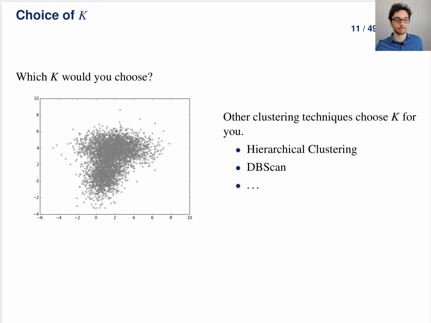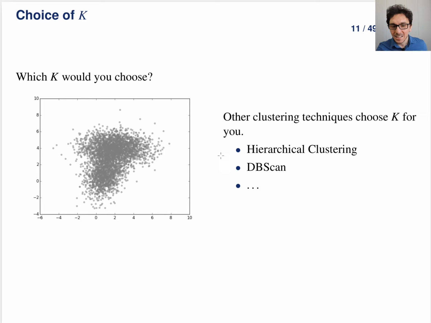For example, here, we don't know if k should be equal to 2 or to 3. Moreover, most of the time you don't have a bivariate dataset with just 2 features. You have 100 features or 20 features, so you cannot visualize your points. So you need some criterion to choose k in these difficult cases.